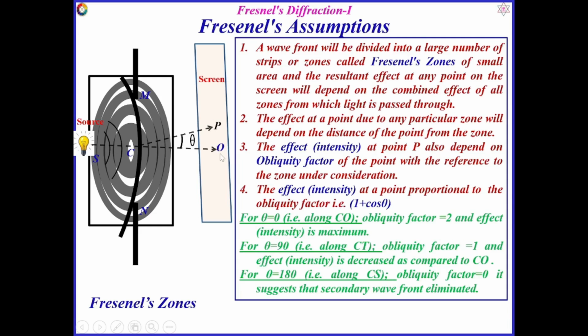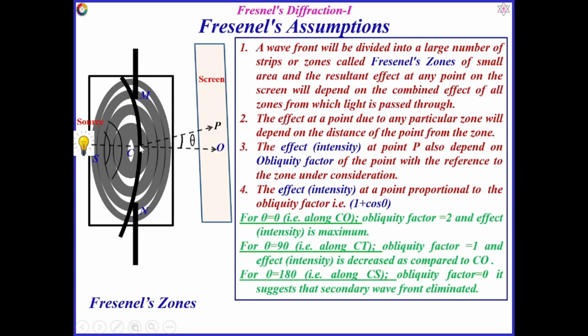Okay, first we have to consider the point P. The point P and the first half period zone, this one, the white patch, white strip, you can say the center one. From this first half period zone or first Fresnel's zone, the distance is your CO.